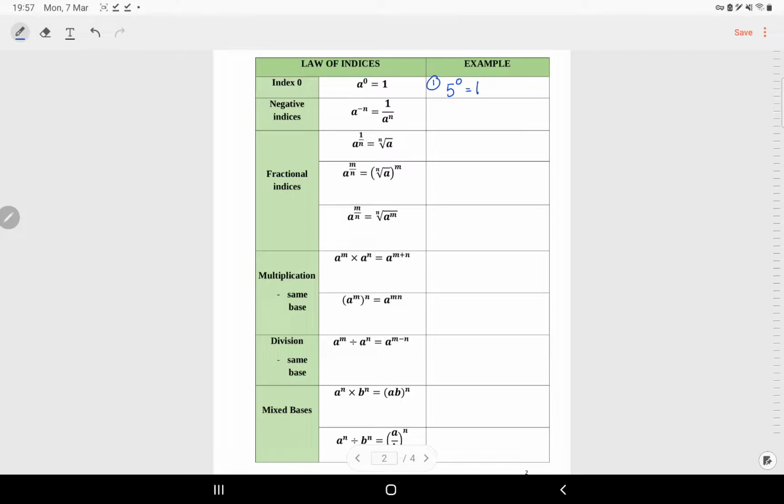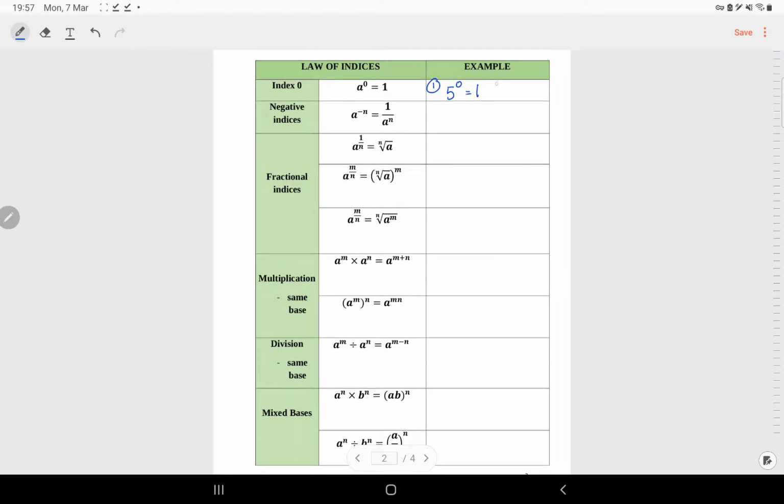So let's say 5 to the power 0 is equal to 1. And you could also have a fraction, say 4 over 5, to the power 0. Again, anything to the power 0 is equal to 1. That's the first law of indices.